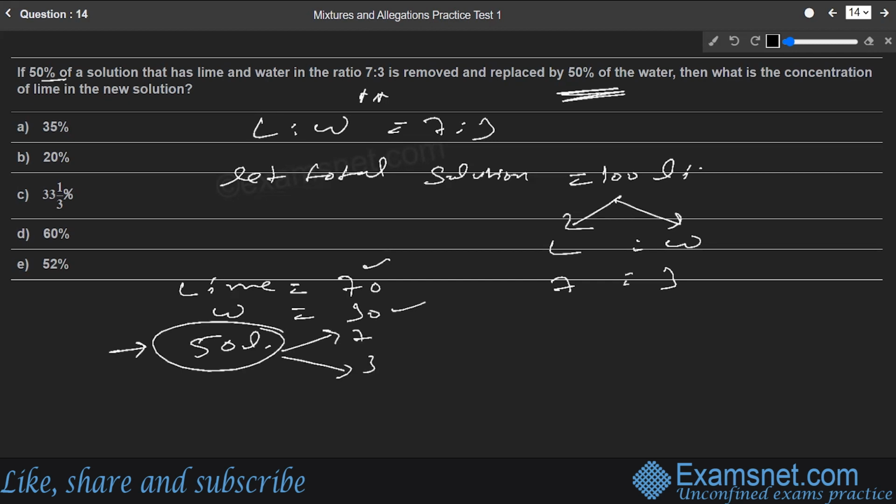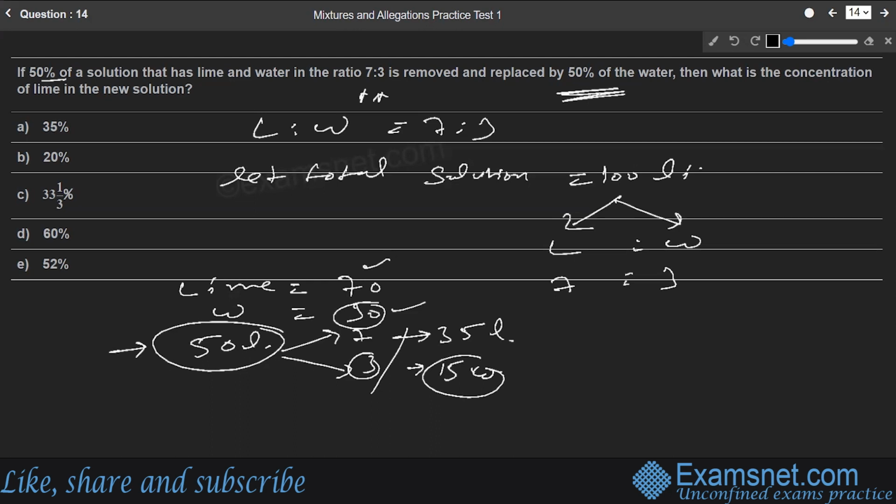Okay, so if in 100 liter the 7 part was 70, so in 50 liter 7 part would have been 35, just half of it. Similarly, if in 100 liter the water part was 30 liters, then in 50 liter the water part would have been half of 30, that is nothing but your 15 liter. So 35 liter of lime and 15 liter of water has been removed, okay, when 50% of solution was removed.